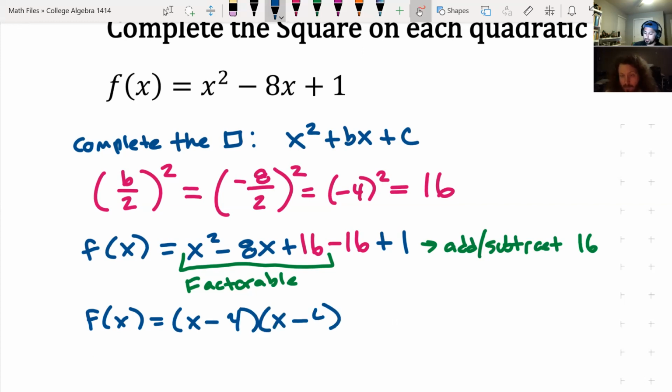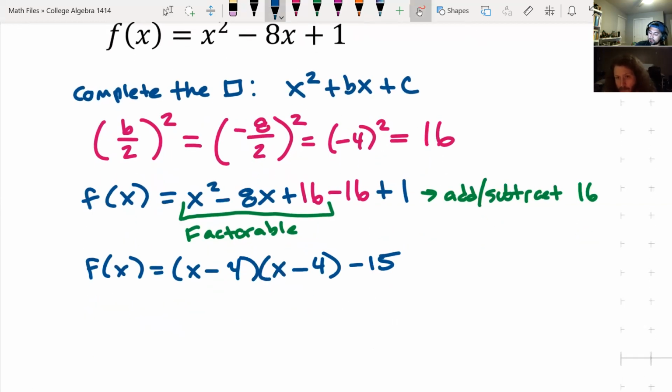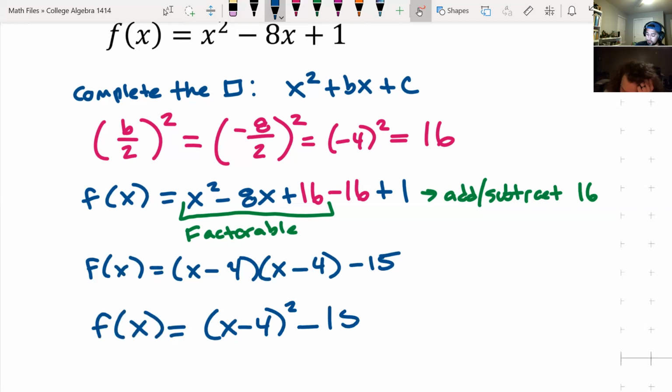X minus 4 times x minus 4. And then the negative 16 plus 1 is going to give me what? Minus 15. Minus 15. Good. And now all we have left to do is just simplify it, and we will get x minus 4 squared minus 15.